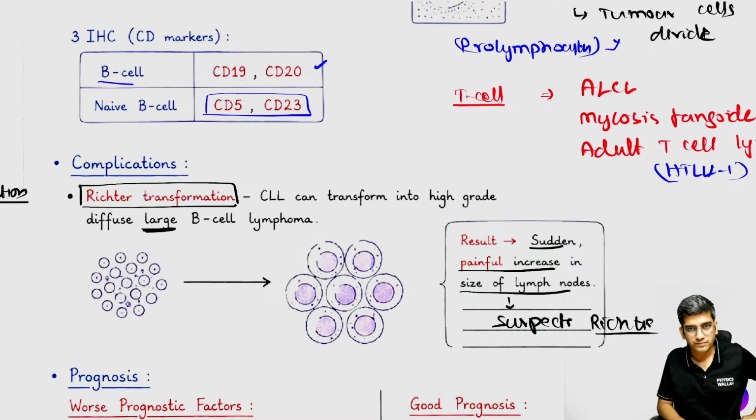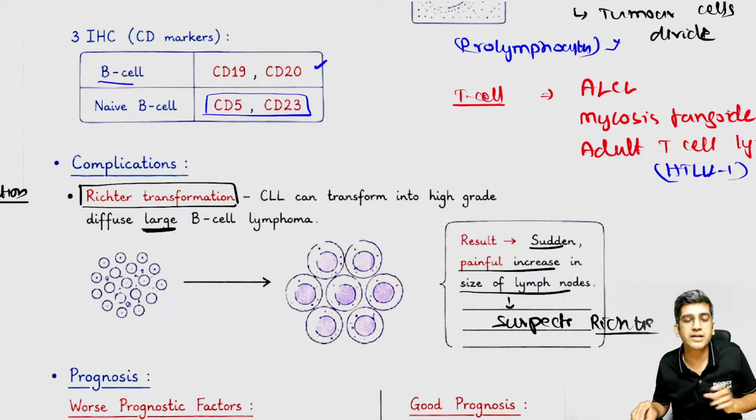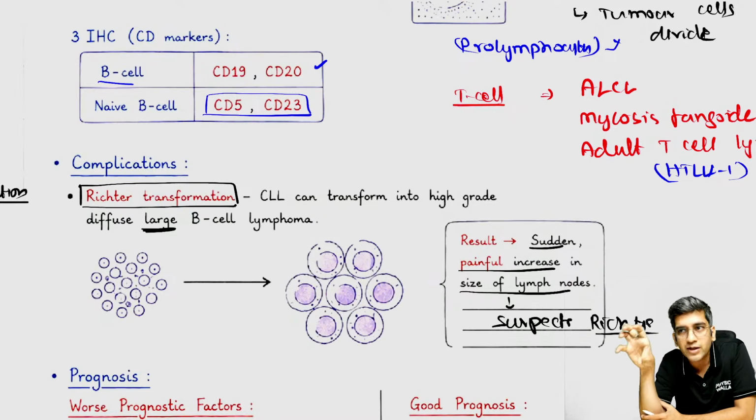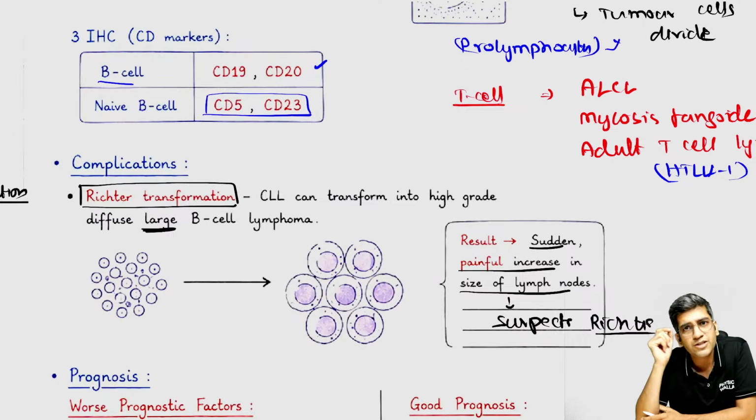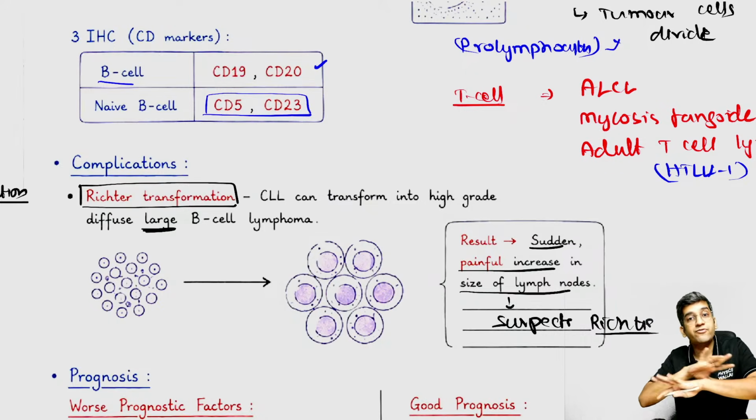Just tell that. Let's understand why we need to know the prognostic features so that we do not memorize it. Obviously, it is bad. A leukemia going in, taking the place of an RBC, taking the place of a platelet is not good. It is bad, right? Which means a bone marrow involvement diffusely.